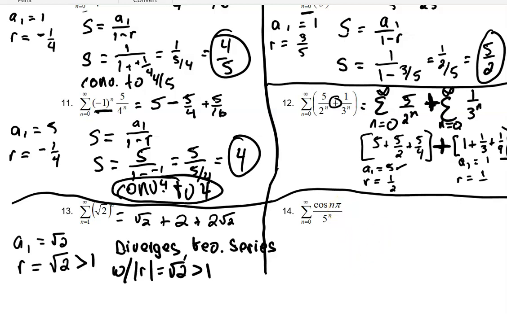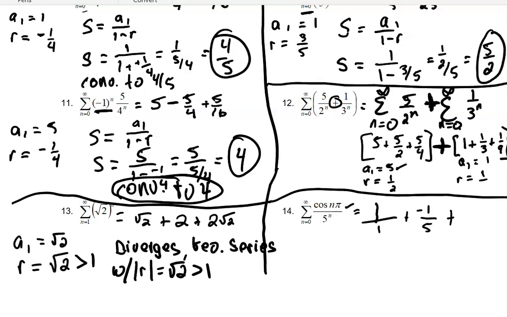If we look at the cosine of n pi, if you let n be a 0, you get the cosine of 0. So you're going to get a 1, and then over 5 to the 0, which is another 1. If n is a 1, though, you're going to get the cosine of pi, which would be a -1, and then 5 to the first would be a 1.